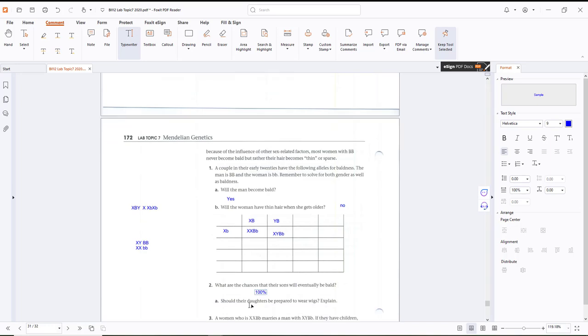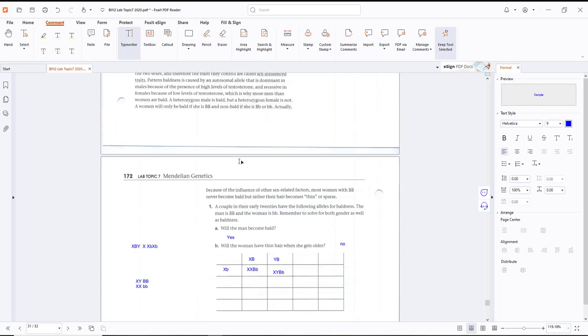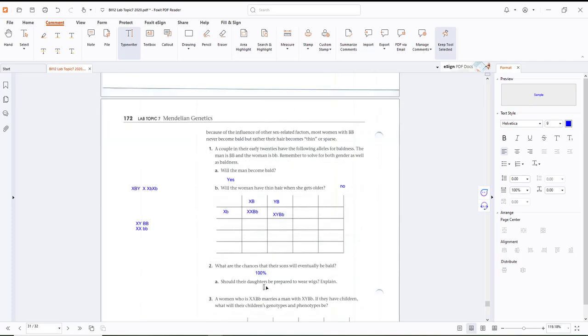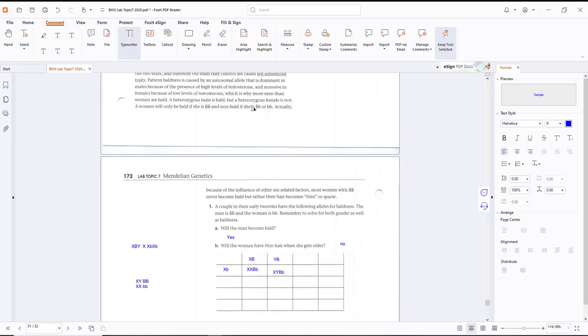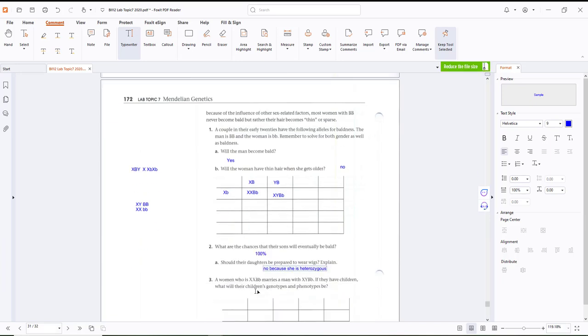Should their daughters be prepared to wear wigs? It looks like here she's non-bald, right? Because she's heterozygous. No, because she is heterozygous, all right? And it says heterozygous is non-bald. Okay?